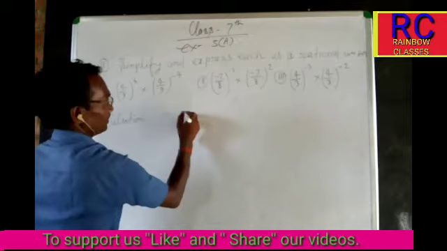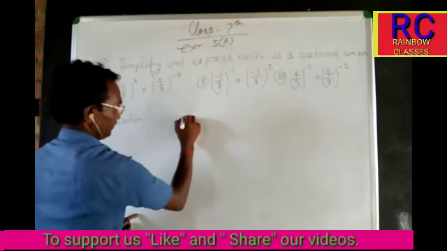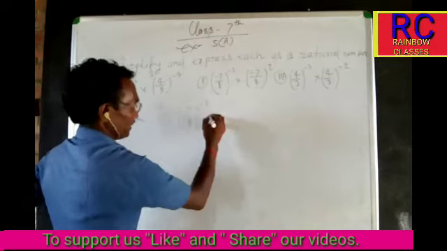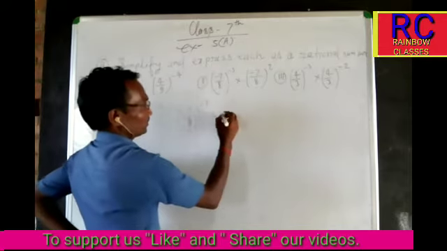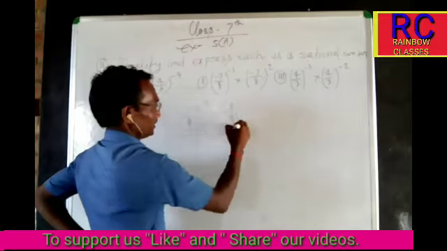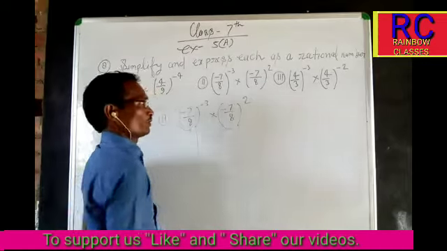Second, minus 7 by 8 to the power minus 3 into minus 7 by 8 to the power 2.